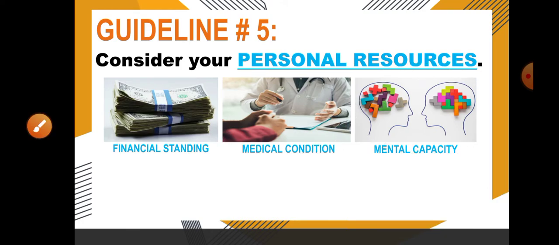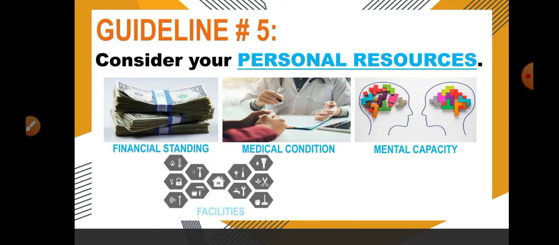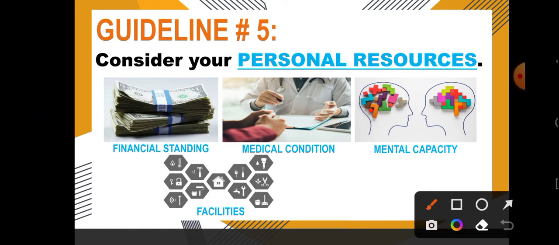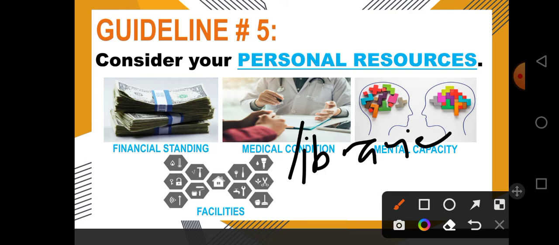Next, in choosing a research topic, you must also consider the availability of facilities. So what are those facilities that you must consider to be available? So we have libraries, so you can search for RLs.